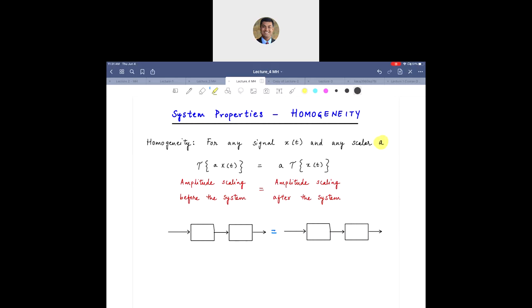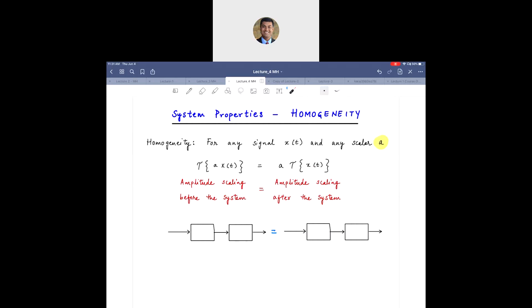When the amplitude scaling before the system equals amplitude scaling after the system, then the system is considered homogeneous. In other words, if you apply the system operator after you scale the input, and that is the same as applying the system operator on the input first and then scaling the output by a, then you can consider that to be a homogeneous system.